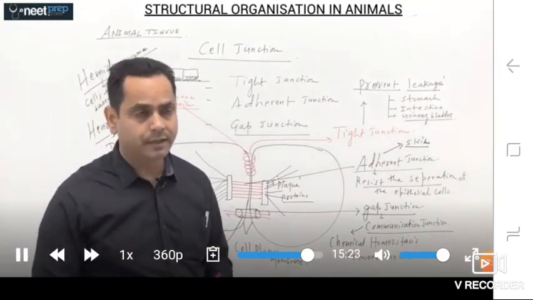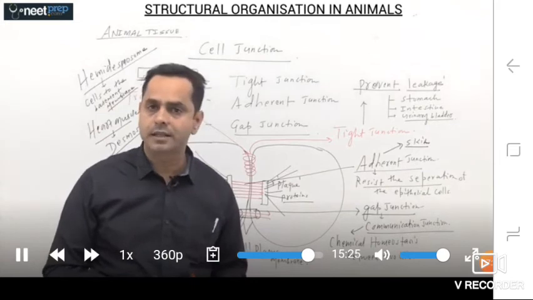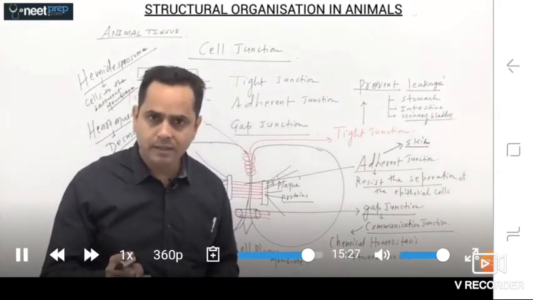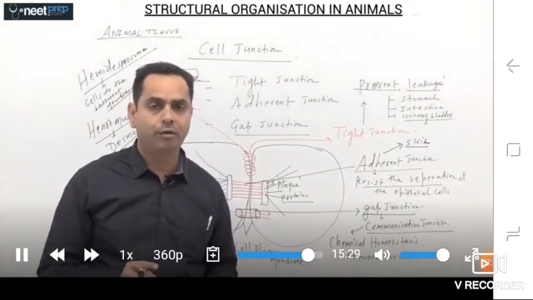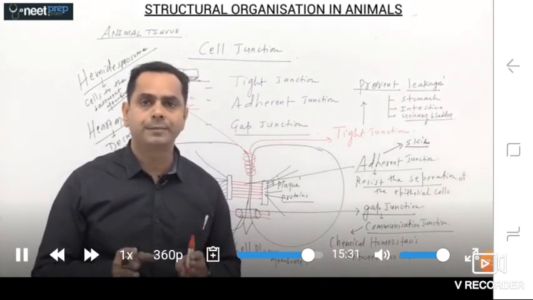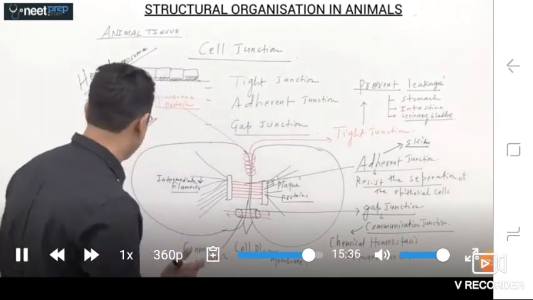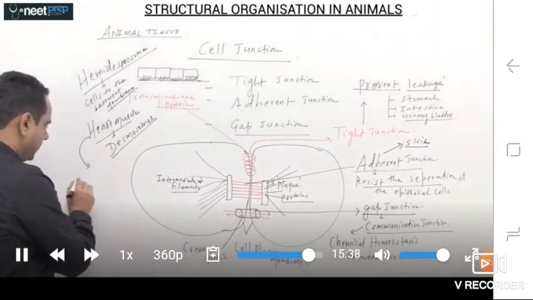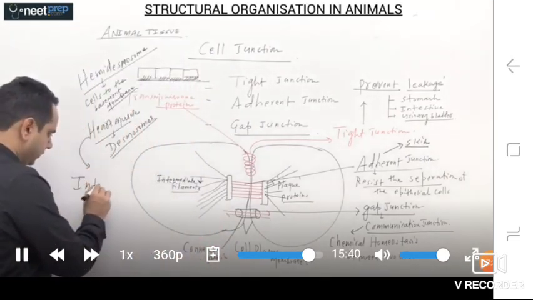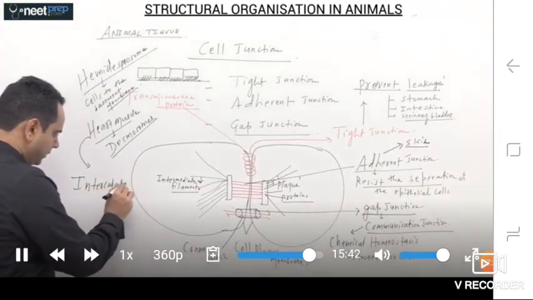Remember, in heart muscles, as we know about the intercalated disc, the intercalated disc also acts like a gap junction. Remember the term intercalated disc in heart muscle. This heart muscle contains a structure called the intercalated disc.